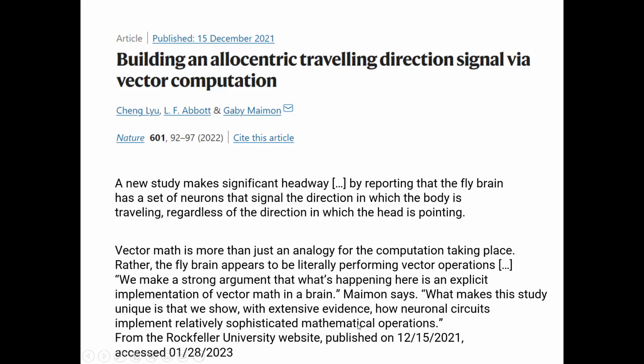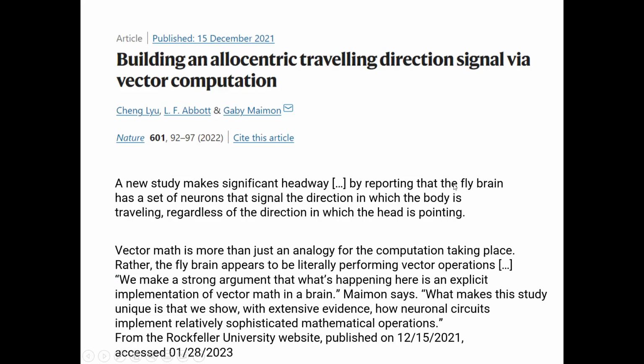There's also, this is not an article. These lines come from the website. Abbott is professor at Columbia University, and the other ones are here at Rockefeller University, and on their website it's very well explained to grab the main ideas. You can have a look also at that.